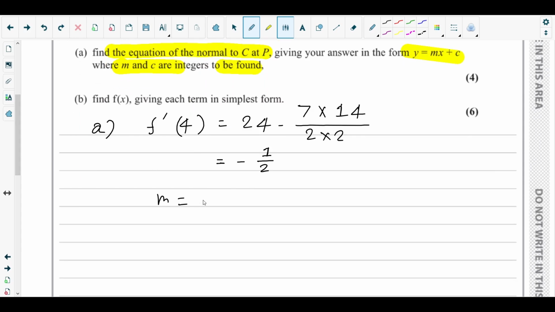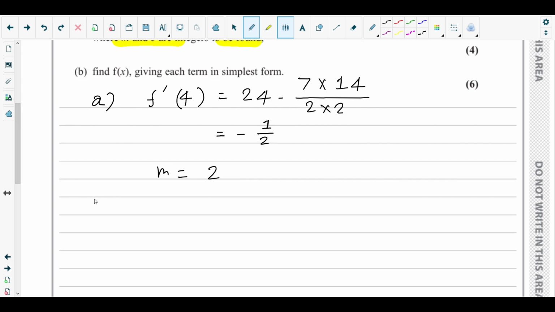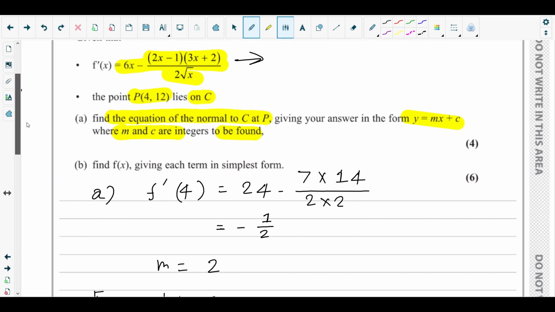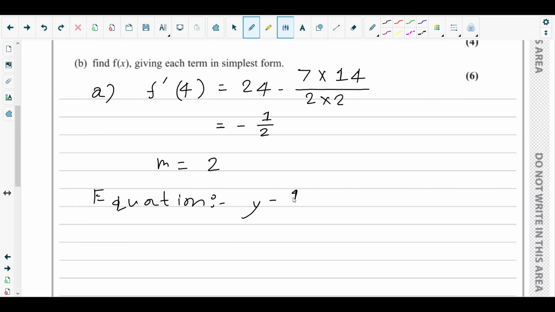So the gradient of the normal would be the negative reciprocal, that is 2. We need the equation of the normal at point P. So y minus the y coordinate of P, which is 12, equals m, which is 2, times x minus 4.